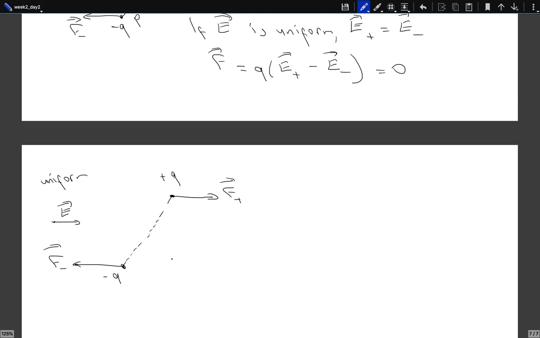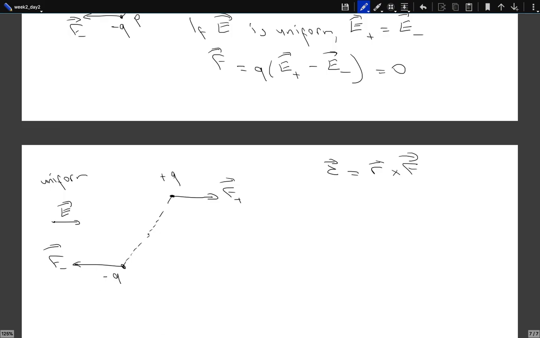So how do you calculate the torque? Do you remember the vectorial form of torque? The torque is the vectorial product of R and F. R is the position vector of the point that the force is acting on. But of course, if you want to talk about R, you have to choose an origin. Which origin would you like to choose? The center.